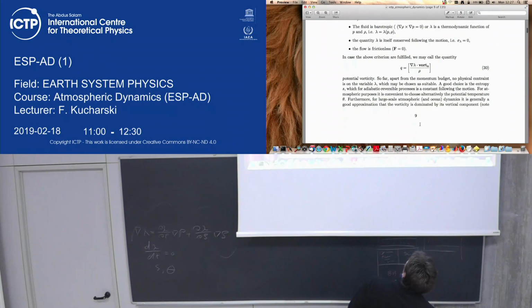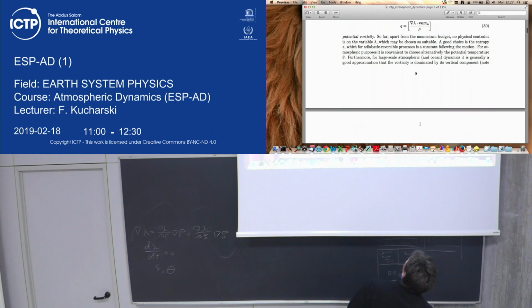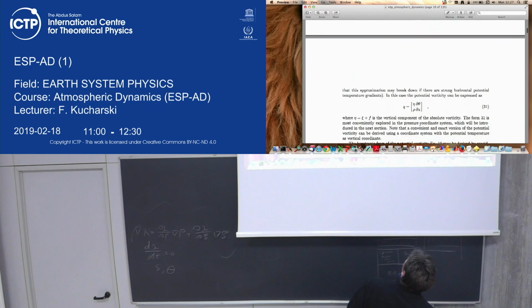Oh yeah, for the ocean I think they use potential density as the thermodynamic quantity.